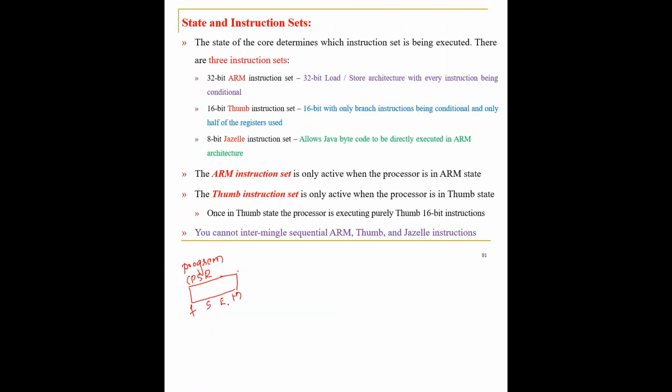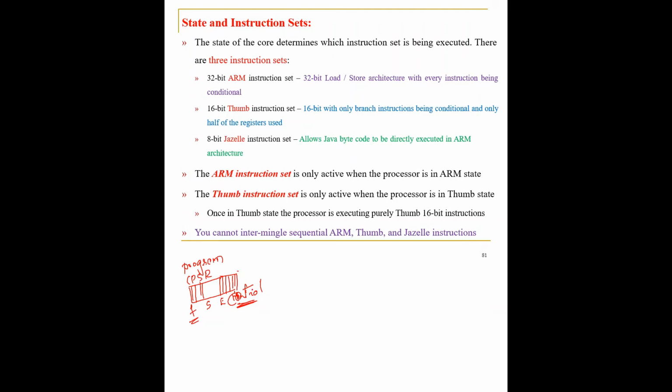State is all about the values that are present in the flag field and the values that are present in the control field. Sorry, it's not mode, it is control field. So the values present in the flag field and the control field of the CPSR define the state of that particular processor.